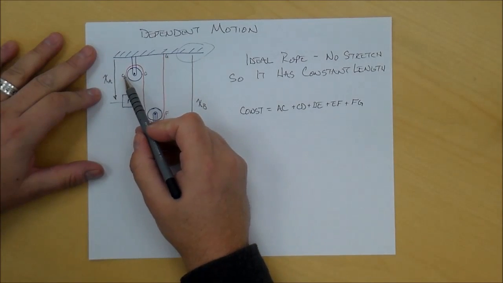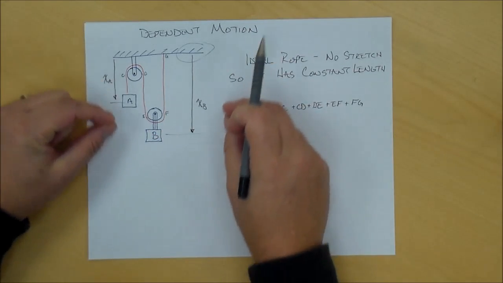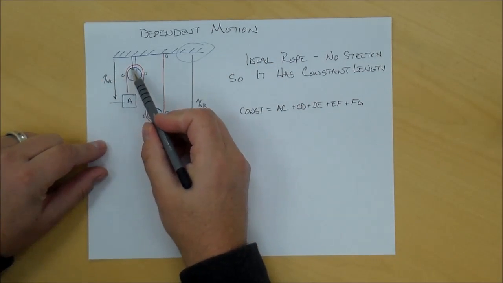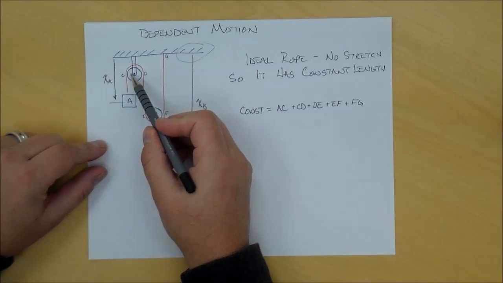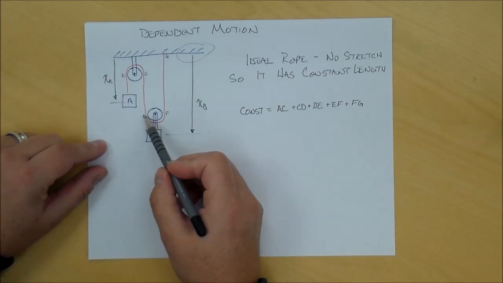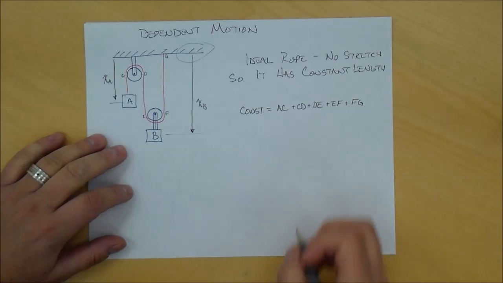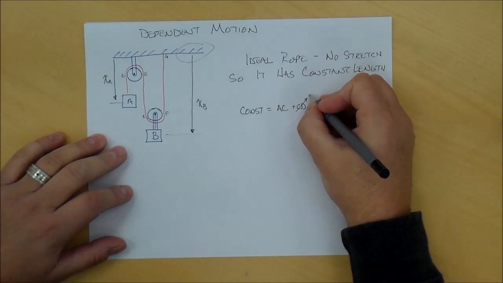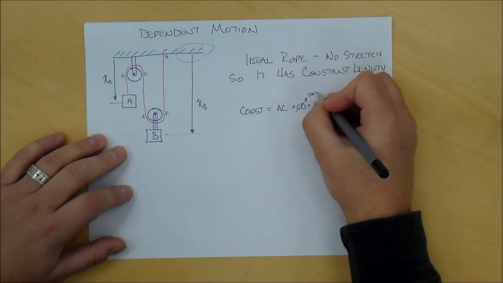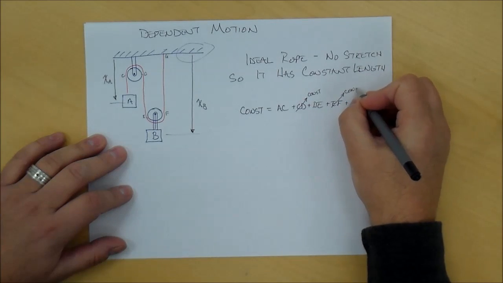Now I want to point out something. First of all, this segment from C around to D, as I move these blocks up and down, you'll recognize that distance is always a constant. It doesn't change. The same with the distance around this pulley: E to F doesn't change. So C to D is a constant and E to F is a constant.